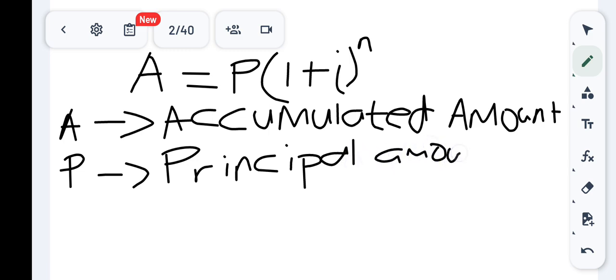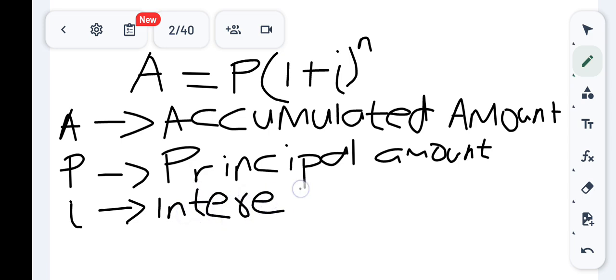Then i is the interest rate as a decimal, but it is given to us as a percentage. We need to convert this interest rate into decimal.